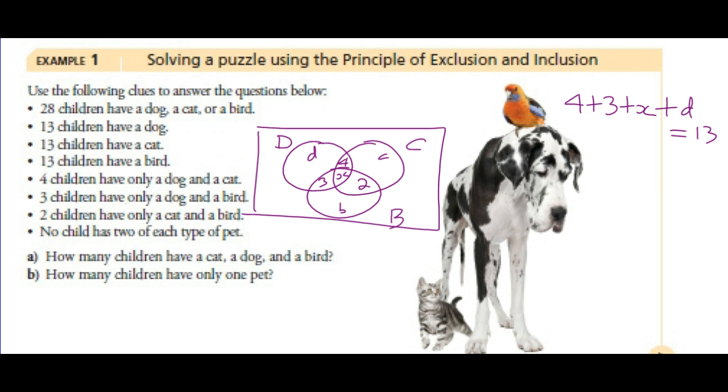Let's simplify this a little bit. So 7 plus X plus D is equal to 13. So here we've got 4 plus X plus 2 plus C is equal to 13. So 6 plus X plus C is 13.